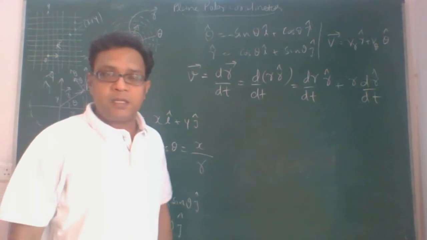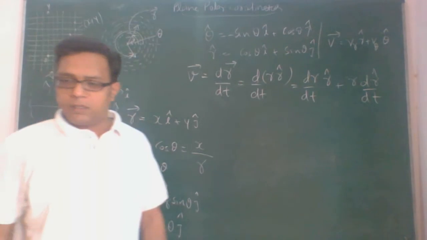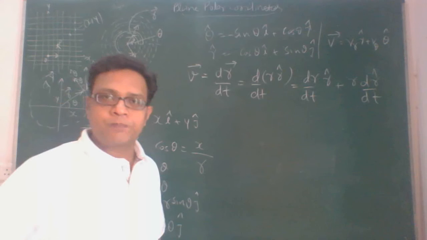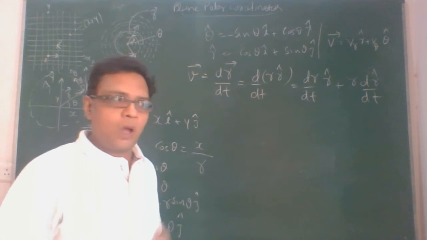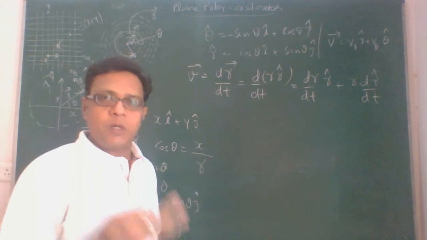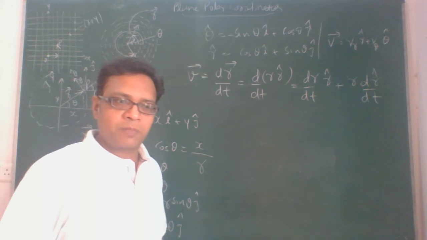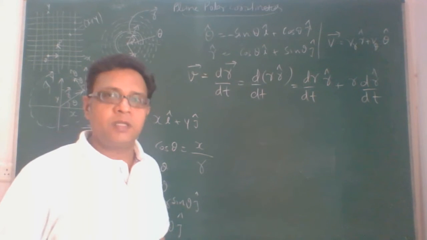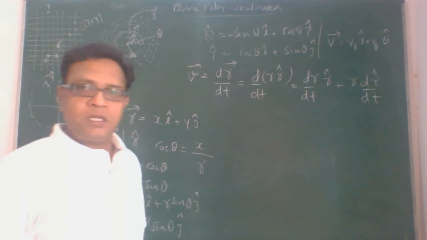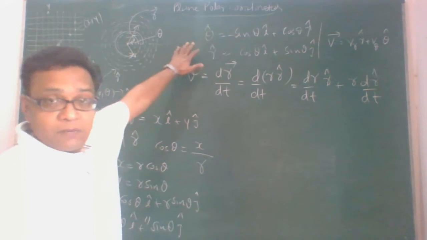Here I have written something which can be new to you: how this r cap, which is the direction, is now getting differentiated. Shouldn't it be a constant?